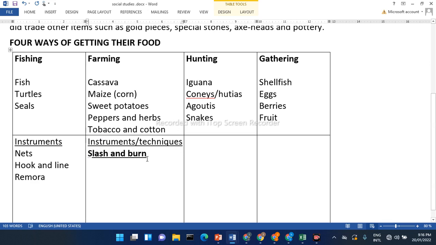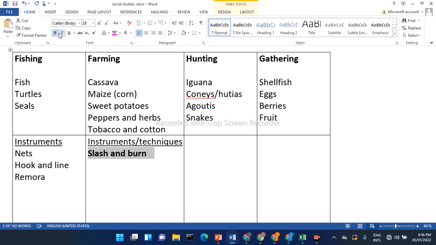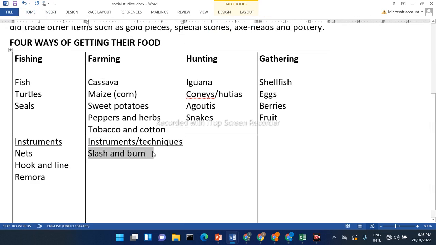So they use the slash and burn method in farming. To get good yields, and that involves burning the soil and stuff like that. They also use a digging stick, which is called a koa. All right.